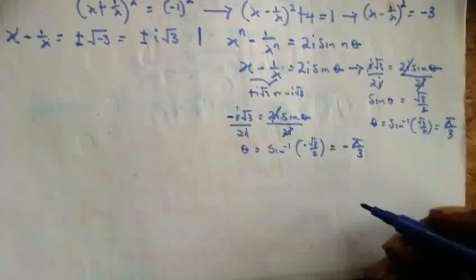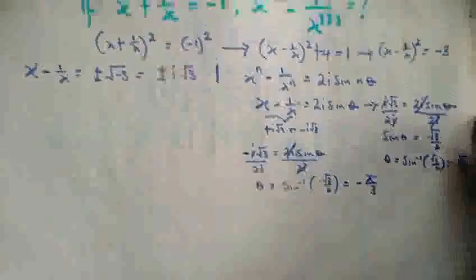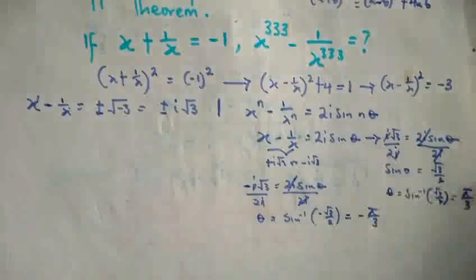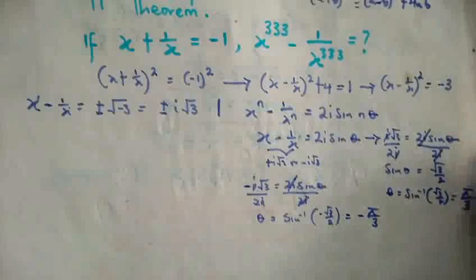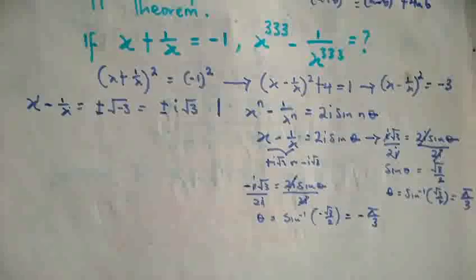Now we can easily compute the value of x to the power 333 minus 1 over x to the power 333, and we're going to do this as follows.